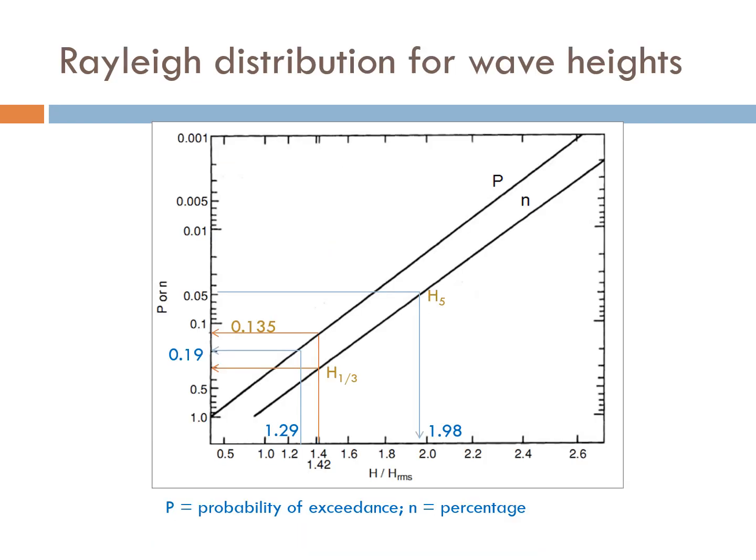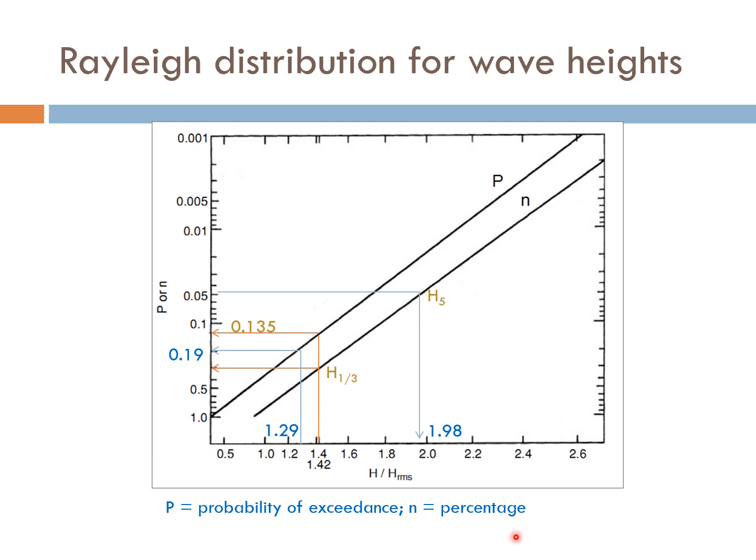This is a chart that summarizes the characteristic of Rayleigh distribution for different wave heights. On the horizontal axis here, we have H over HRMS, and on the vertical axis here, we have the values for P given by this curve and N given by this curve, where P is the probability of exceedance and N is the percentage.